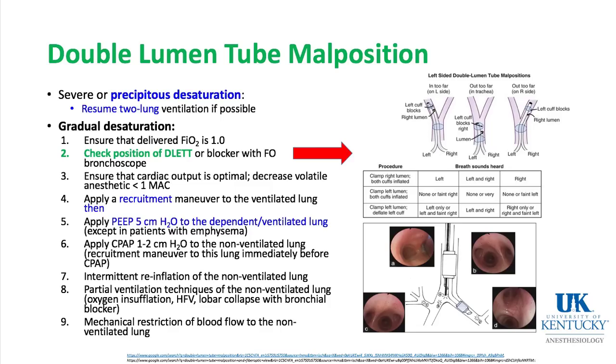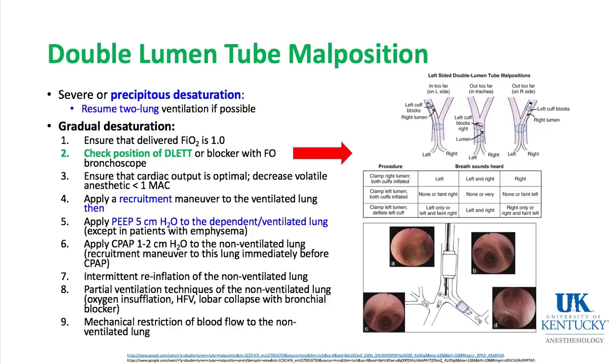But if you have a gradual desaturation, one of the first things you should do is ensure that you're really delivering 100% oxygen, and check the position of your double lumen endotracheal tube or your bronchial blocker with a fiber optic bronchoscope.